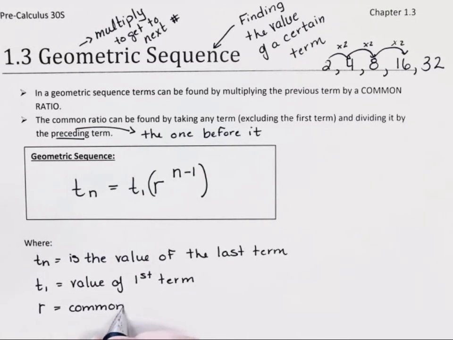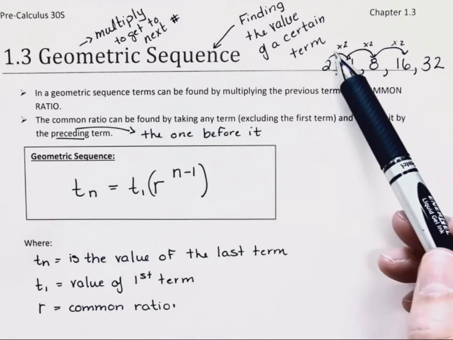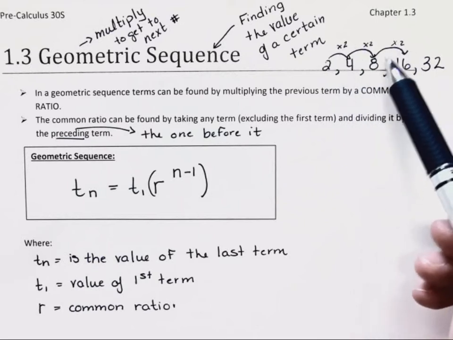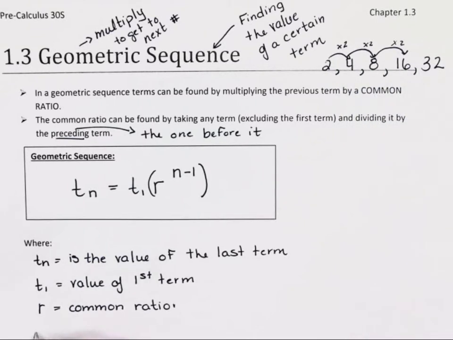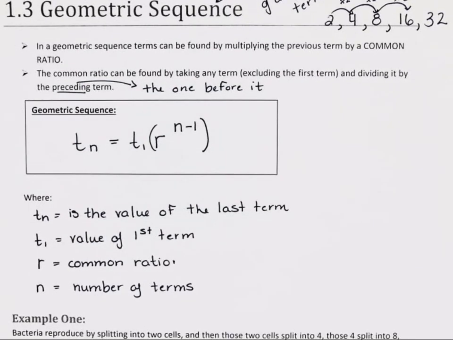So the common ratio is what am I multiplying to get to my next number. In the one up here, my common ratio was 2 because I was multiplying by 2 to get to my next number. And then n is the number of terms. If you've done the other lessons, you're going to see that these letters mean the exact same thing. The formulas are a little different, but the letters are the same.